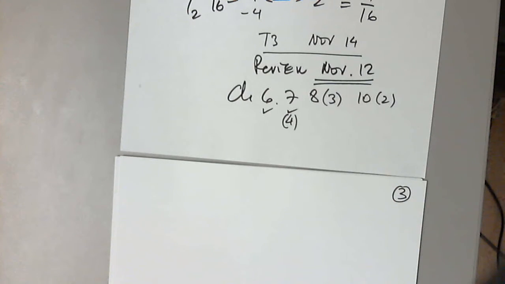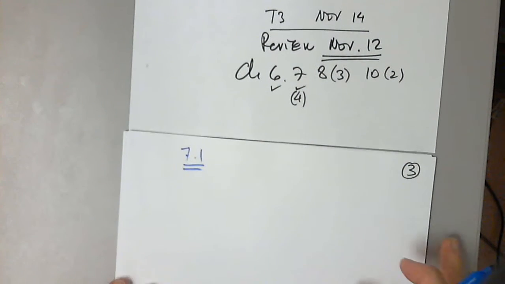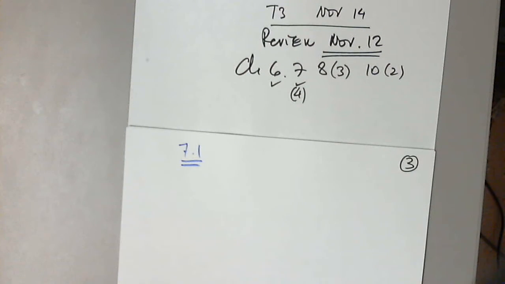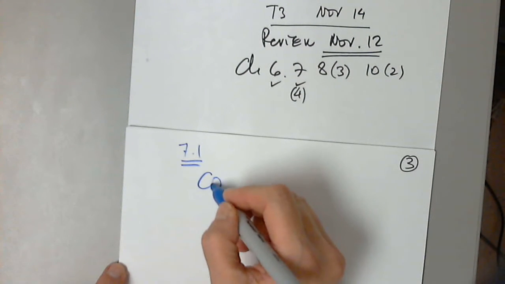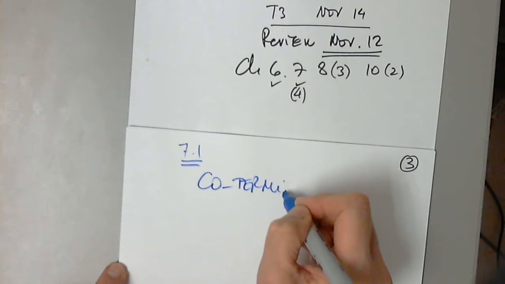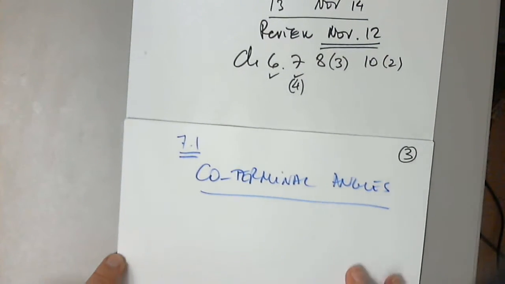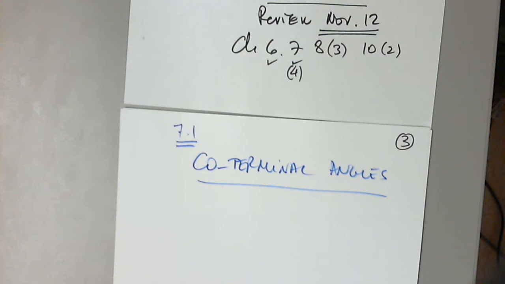So let's go back. I wanted to go back to 7.1 for a second to explain what coterminal angles are. Coterminal angles. And you'll understand why this is so important.